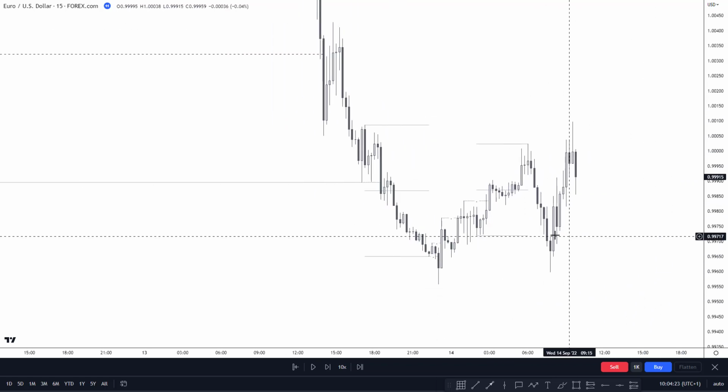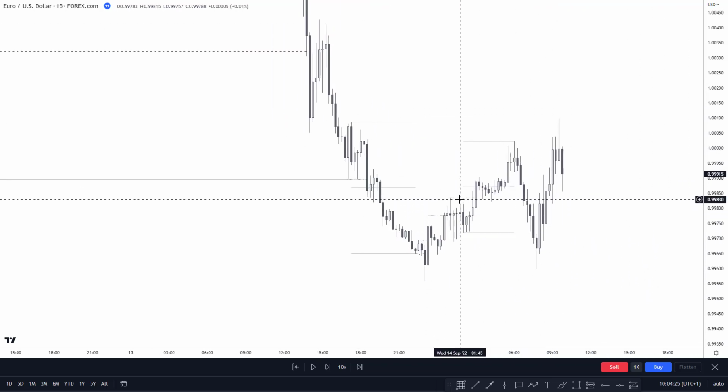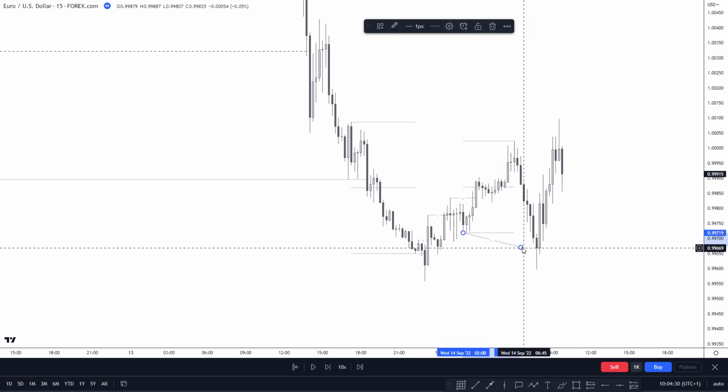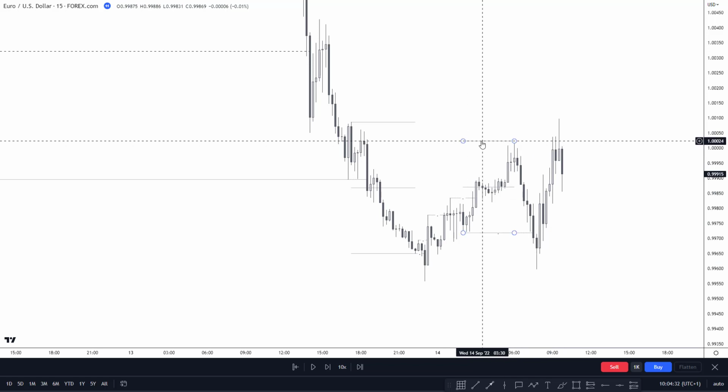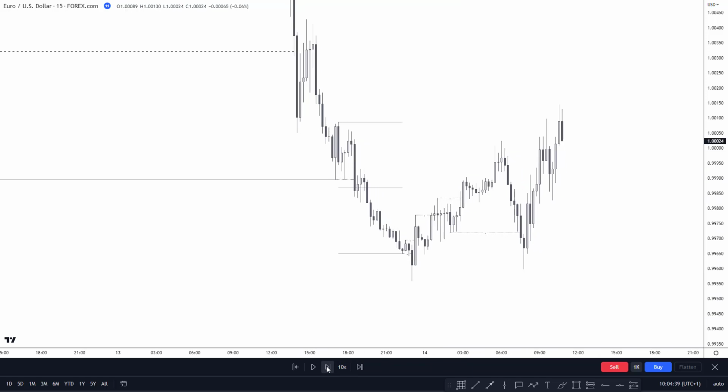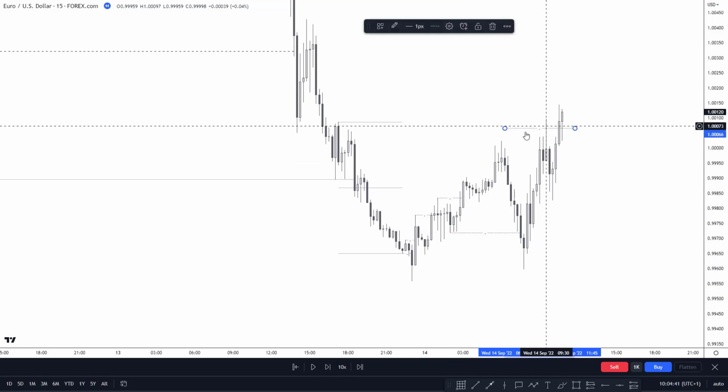Okay, so now what have we had? Well, we had a break of the minor 1 low, then we've just had kind of a sweep of this high so far, so we'll see what happens from here. And now we've broken above this high.